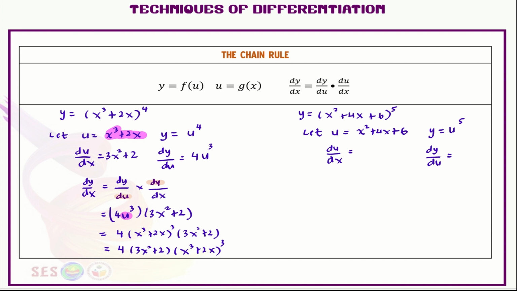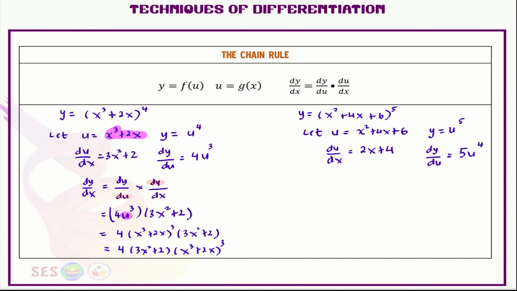Again, I would like to explain that since we've got u in terms of x, the way we write the differentiation is du/dx, and since we have y in terms of u, the way to differentiate it is by writing dy/du. So this dx and du represent whatever the unknown that this function has. So du/dx is 2x plus 4, and dy/du in this case is 5u to the power of 4.